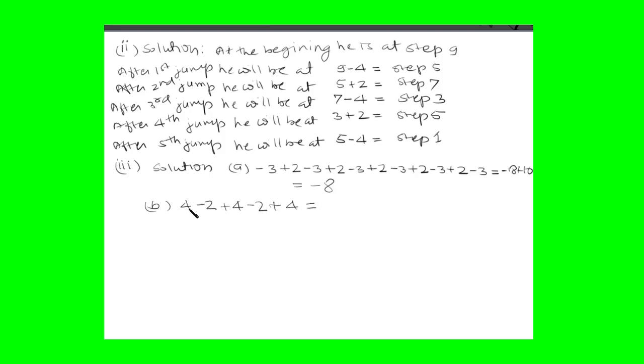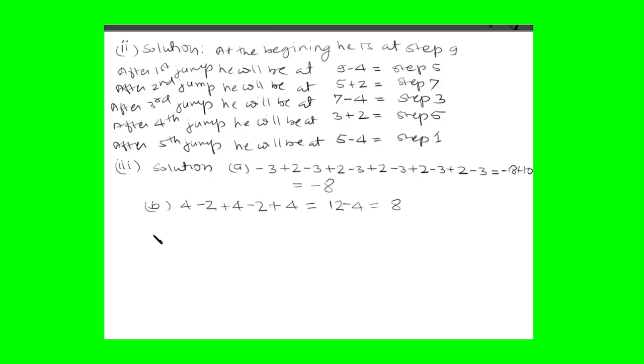We add all positive quantities, so 4 plus 4 plus 4 equal to 12, and all negative quantities, minus 2 minus 2 equal to minus 4, so 12 minus 4 equal to 8. So this is our completion of part B.